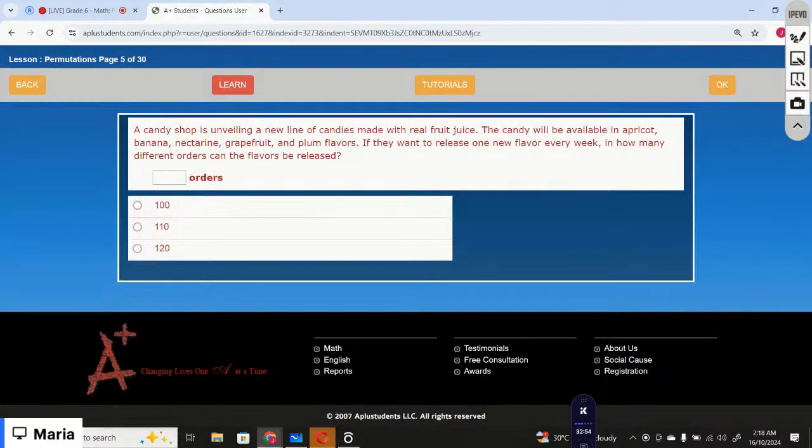A candy shop is unveiling a new line of candies made with real fruit juice. The candy will be available in apricot, banana, nectarine, grapefruit, and plum flavors. If they want to release one new flavor every week, in how many different orders can the flavors be released?